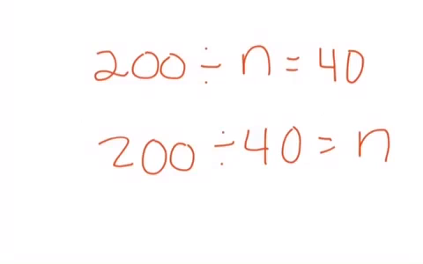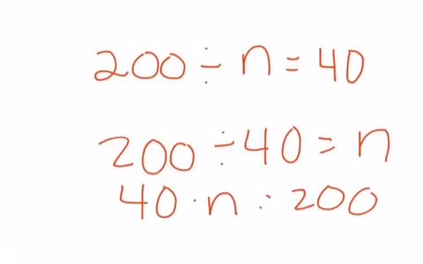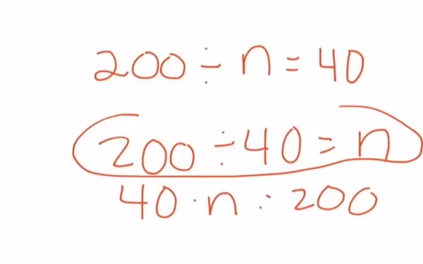Another fact family I could use is to go the other way: 40 times n equals 200, and so on and so forth. Whatever way works best for the kids, they can do. What I would probably do is the 200 divided by 40 and approach it that way.